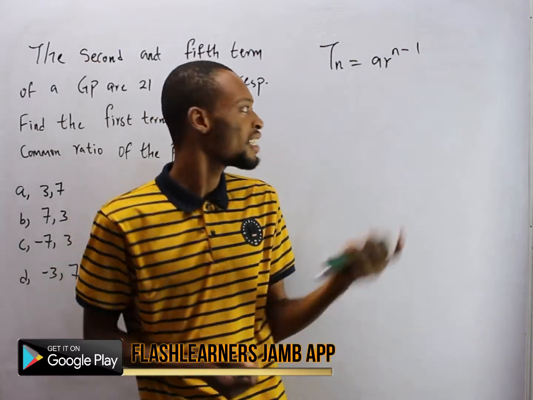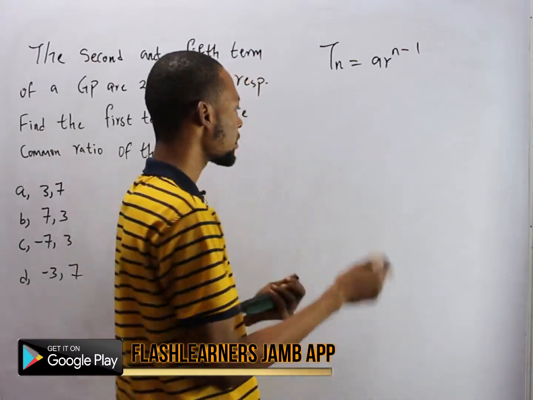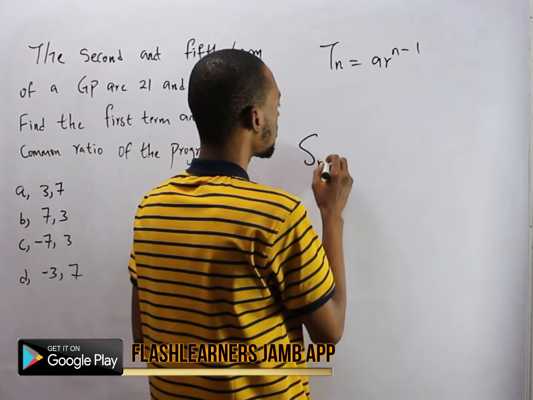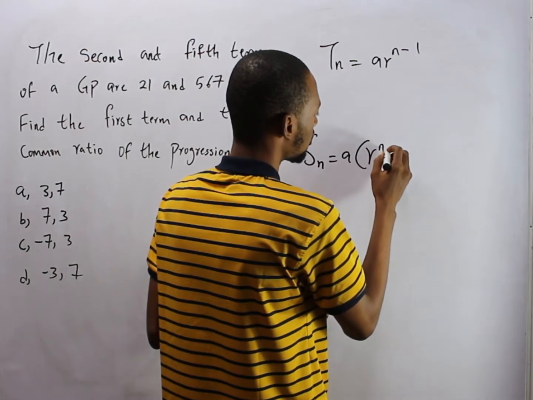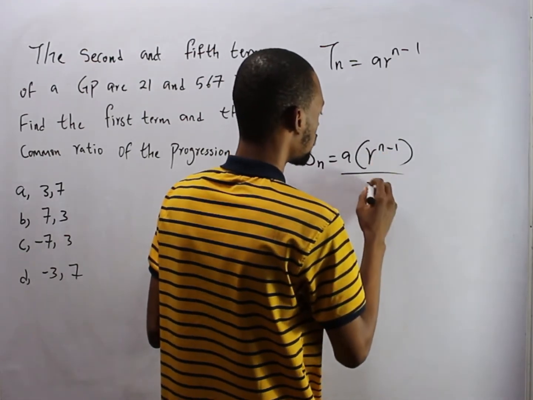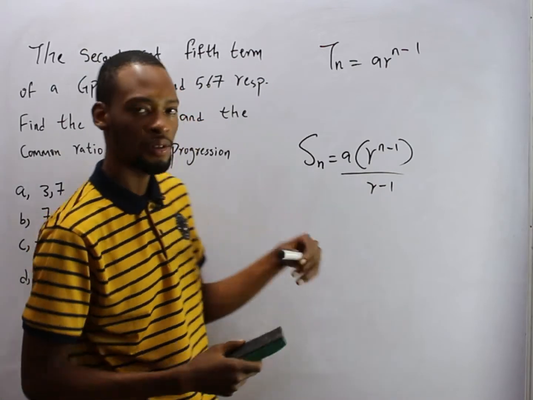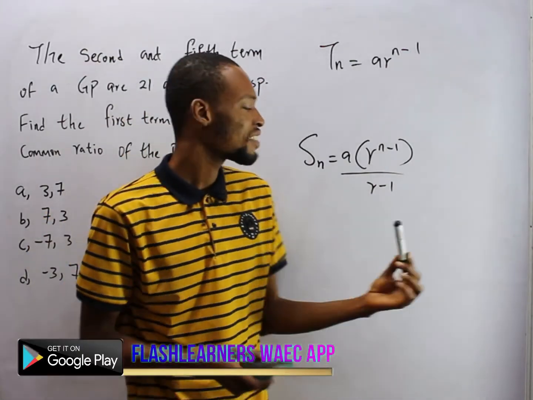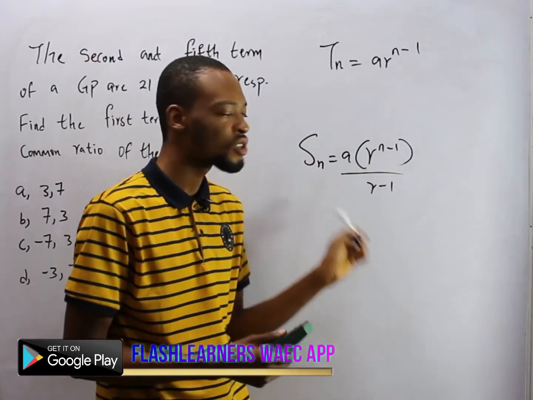Now take note that the nth term is different from the sum of terms. If I say sum of n terms, it is simply a(r^n - 1) over r - 1. This is the formula for the sum of terms of a geometric progression. If I say find the sum of the first 20 terms, this is what you use. You sum everything.